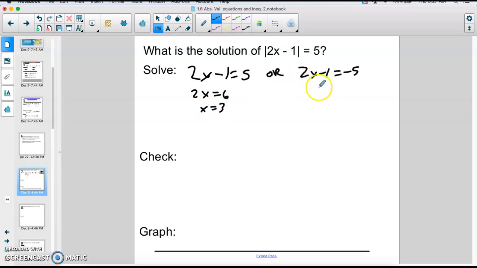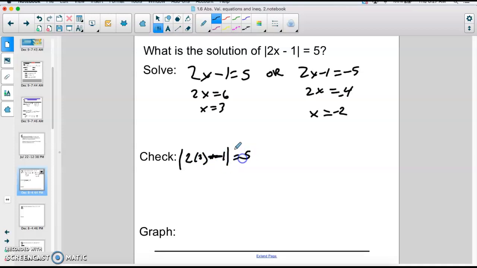And then over here, or 2x, when we add 1, we're going to get -4. I apologize, -4. And then we divide by 2, and we get -2. Okay, so far it seems like everything's going well. Now let's check and make sure they both work. So absolute value of 2 times 3 minus 1.